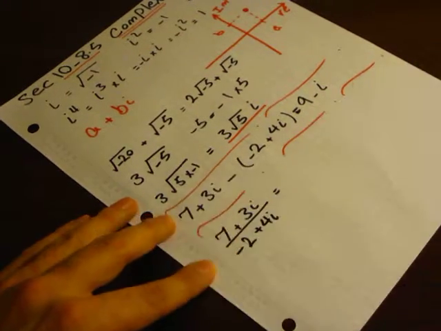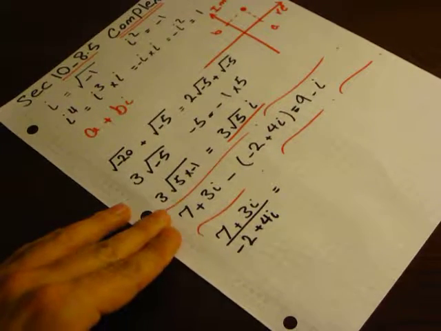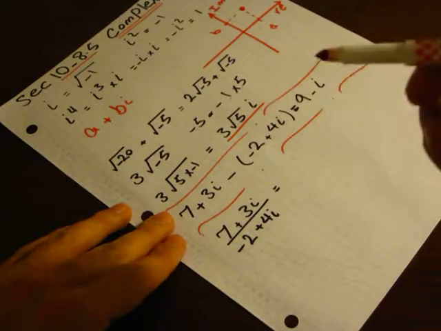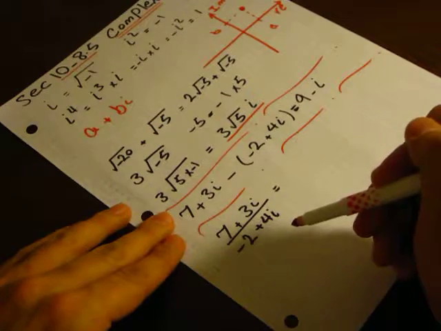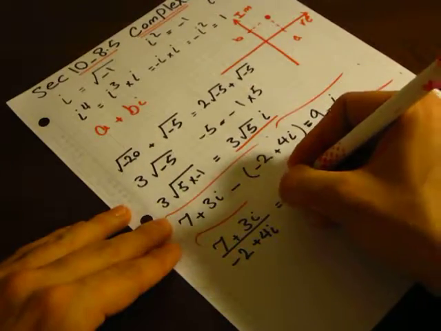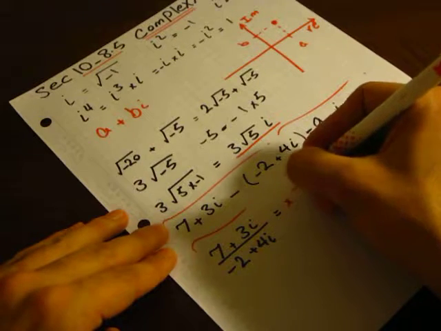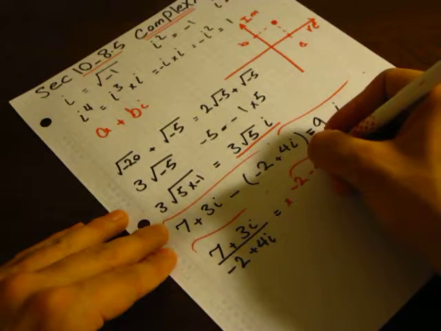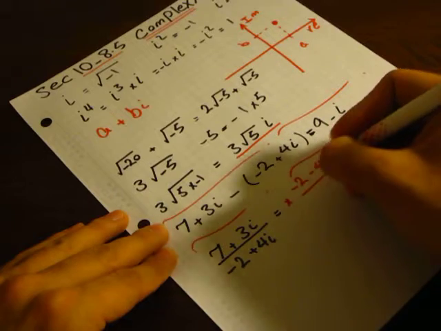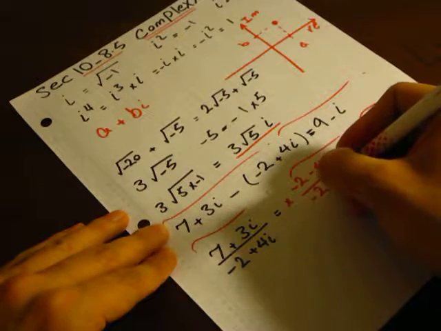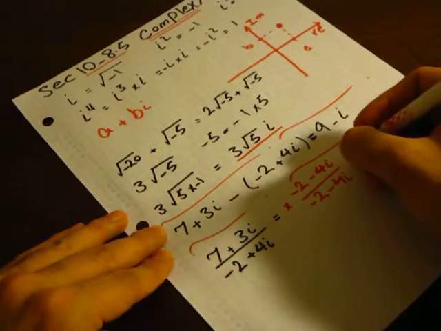So the main concept is don't have any imaginary numbers in my denominator. So I multiply the whole thing by the conjugate, which is negative 2 minus 4i divided by negative 2 minus 4i.